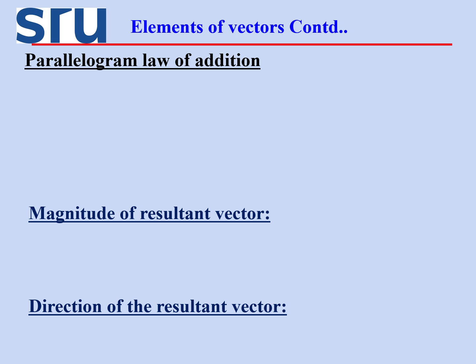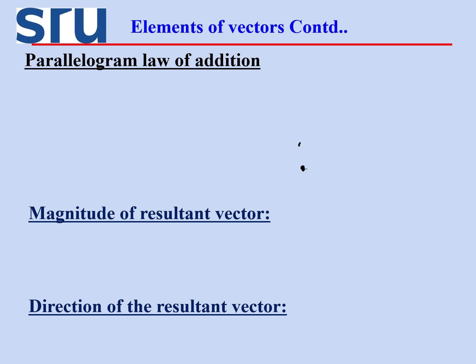Now the parallelogram law. The definition is: two vectors acting simultaneously at a point are represented both in magnitude and direction by the two adjacent sides of a parallelogram.